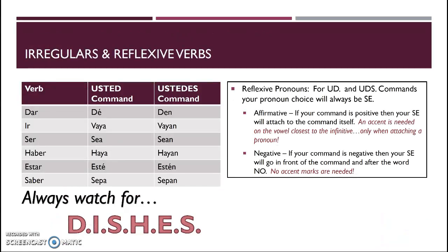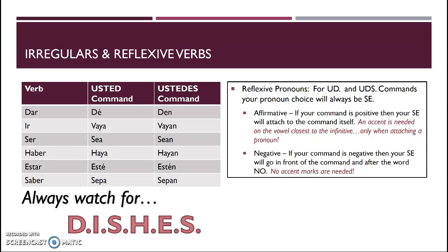Alright, so let's look at just irregulars and reflexives on their own slide here. The irregulars form the acronym DISHES, so always watch for dishes. Dishes stands for dar, ir, ser, haber, estar, and saber. These are irregular because they're irregular in the yo form.